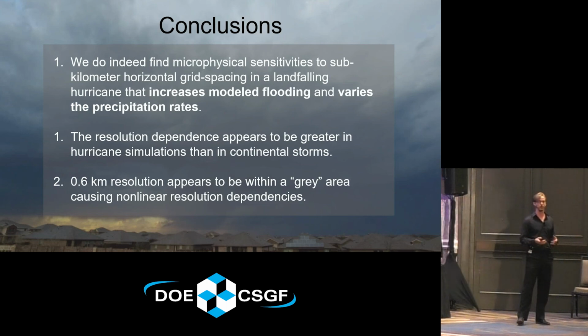It also varies the precipitation rates and really changes in time. That resolution dependence does appear to be greater in hurricane simulations than continental storms, and this 0.6 kilometer resolution really seems to be a gray area where we're not quite resolving turbulence, but we are getting more precipitation, and so it may not be quite as accurate as we would like.